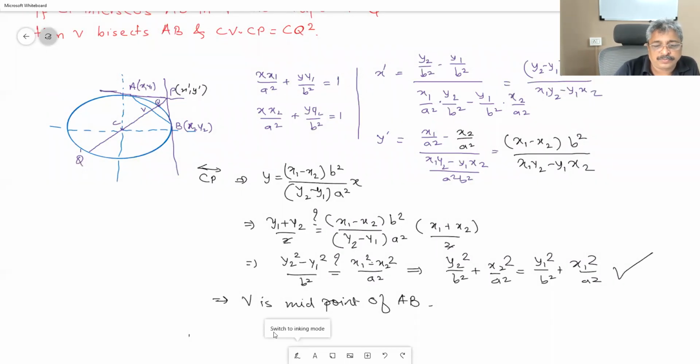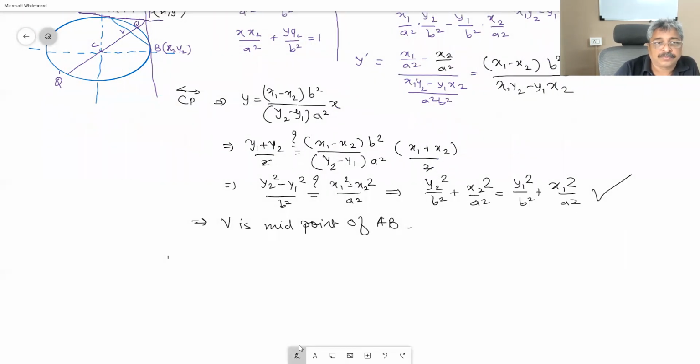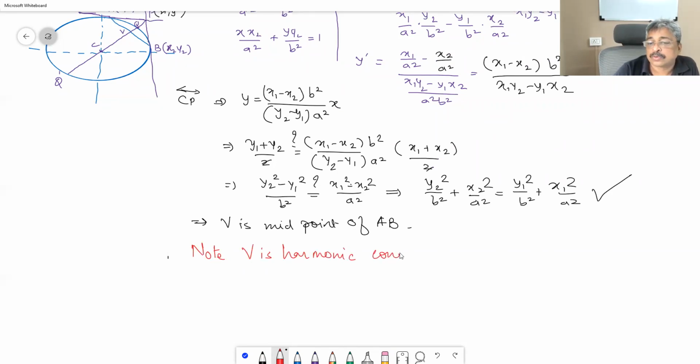Note, V is the harmonic conjugate of P with respect to Q and Q dash.